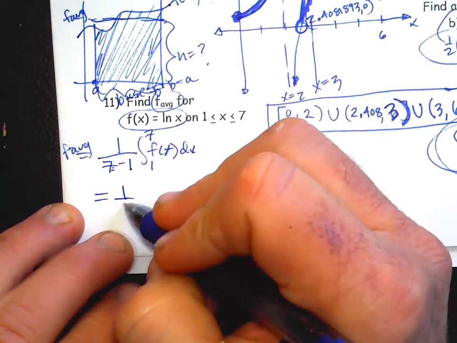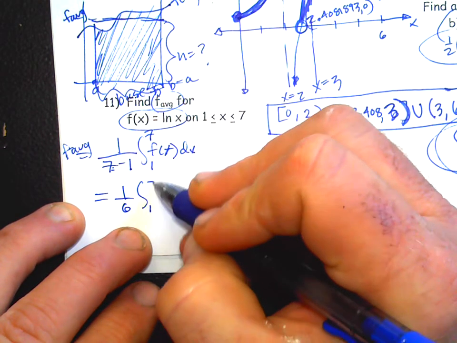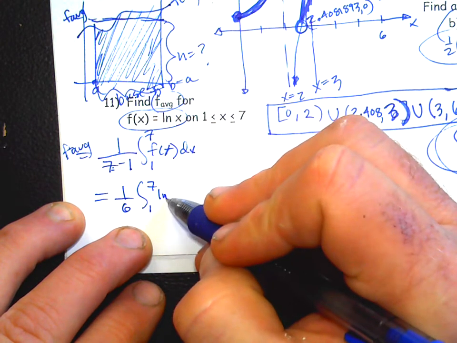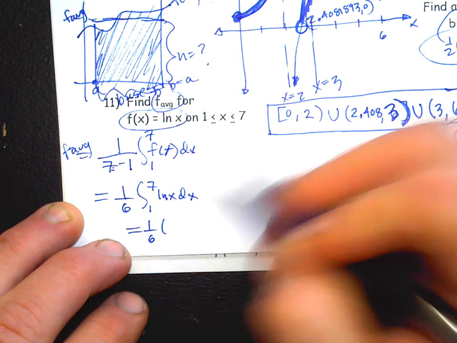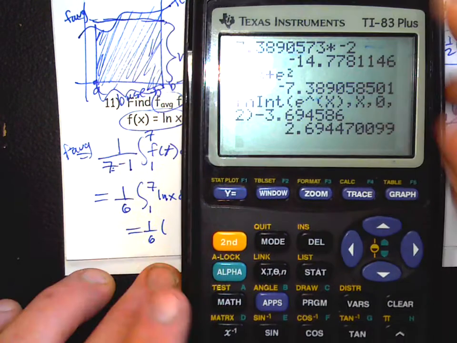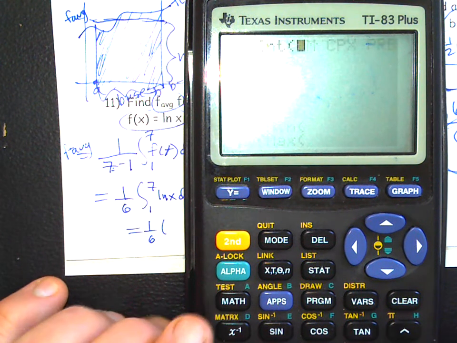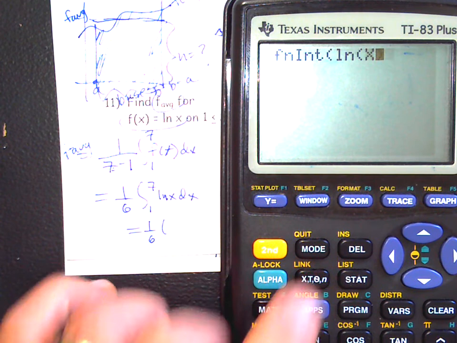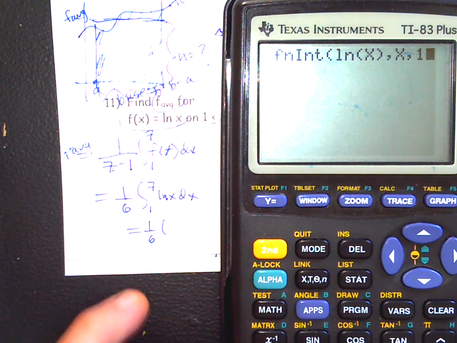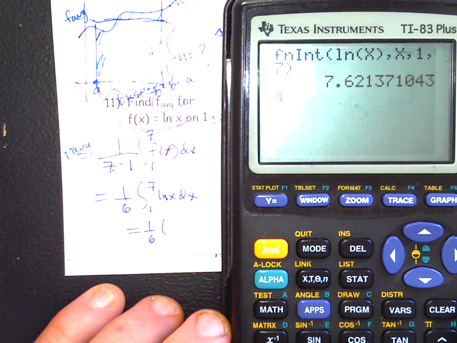And then you would keep going, 1/6 times the integral from 1 to 7 of natural log of x dx. So this is your setup. And then you could do this on your calculator. You could say, math 9, natural log of x, comma 1, comma 7. And that gives you that answer.